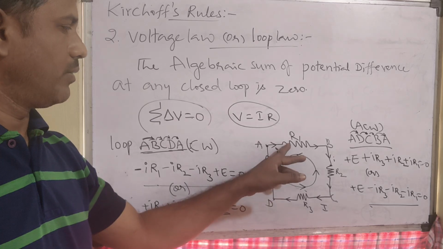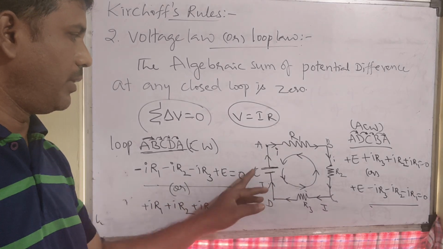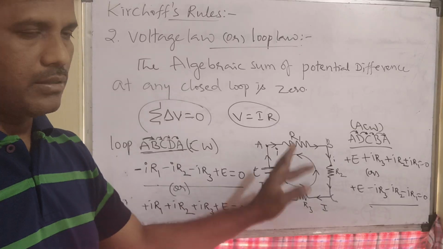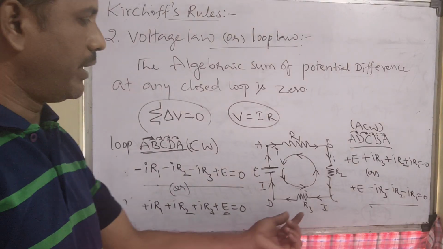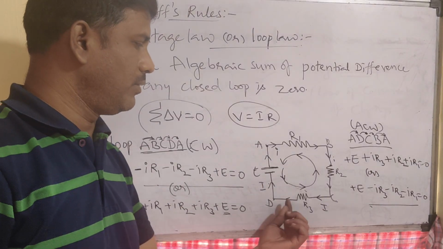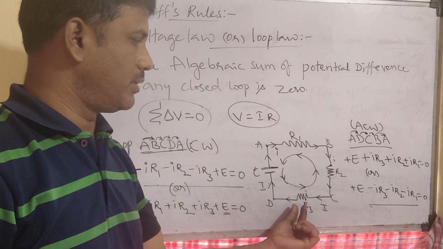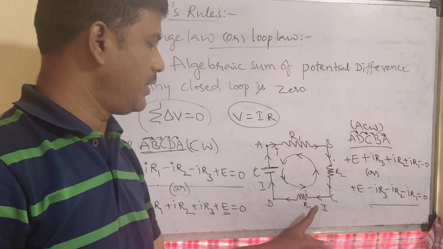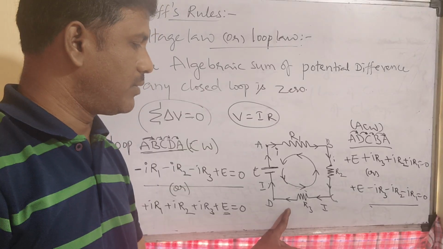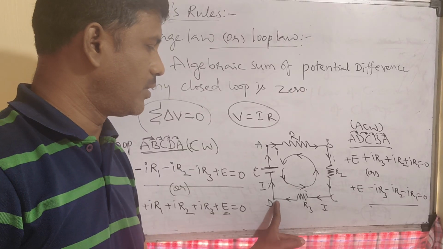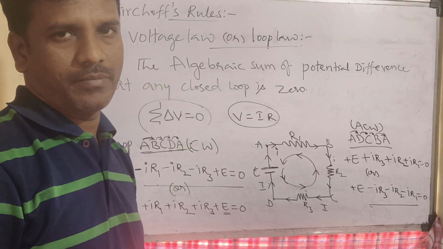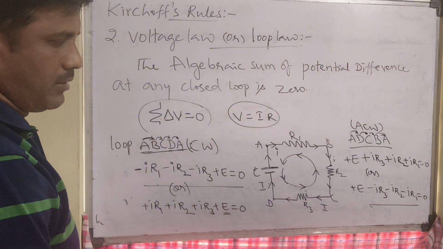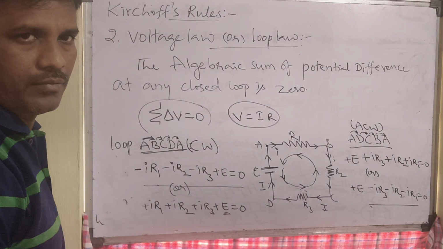I will follow: same direction means positive, opposite direction means negative. So here, loop direction and current direction are opposite. That's a minus. So C to D means positive. Now that means negative. But opposite direction means positive. Okay? Clear? Right. Okay. Thank you.